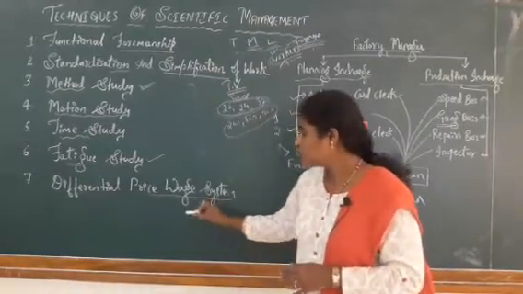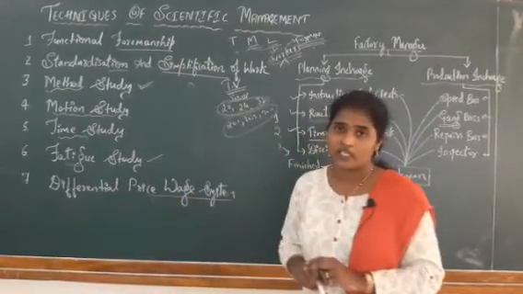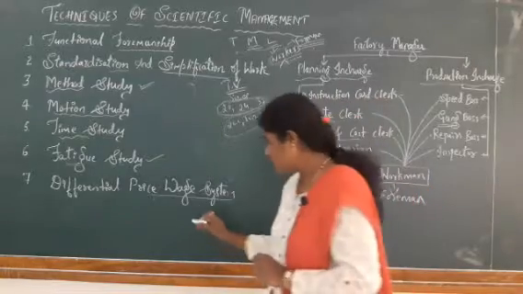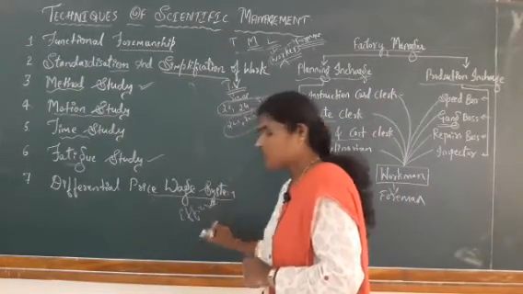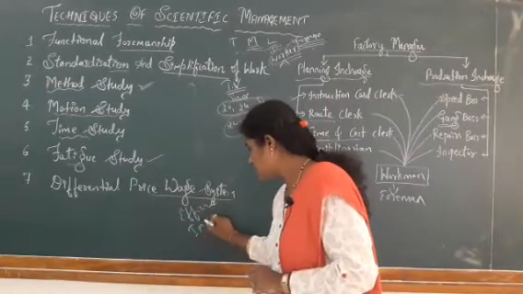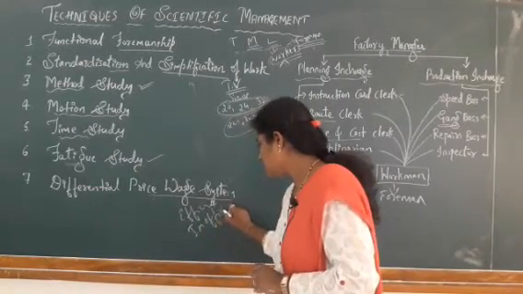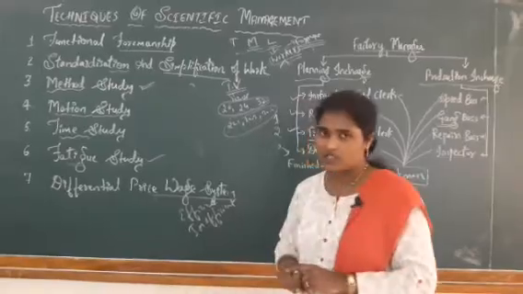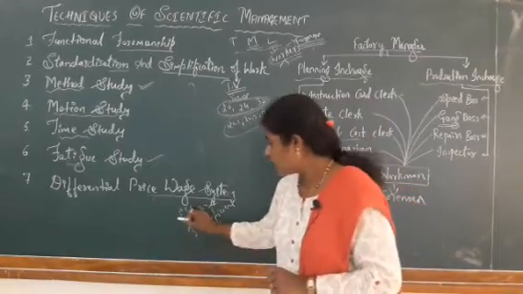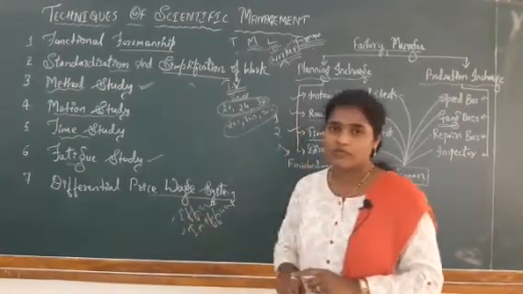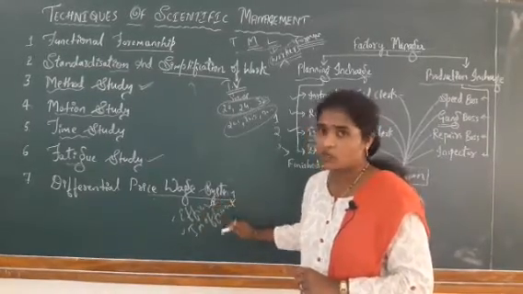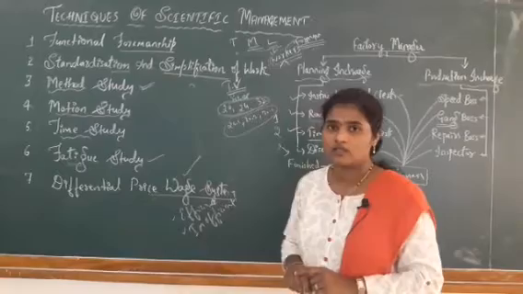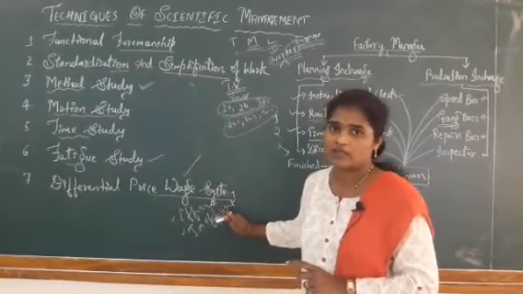There will be two kinds of workers in every business organization, efficient workers and inefficient workers. On that basis you have to differentiate between them, and as per their work you have to give the wages. So this is also one of the techniques of scientific management.